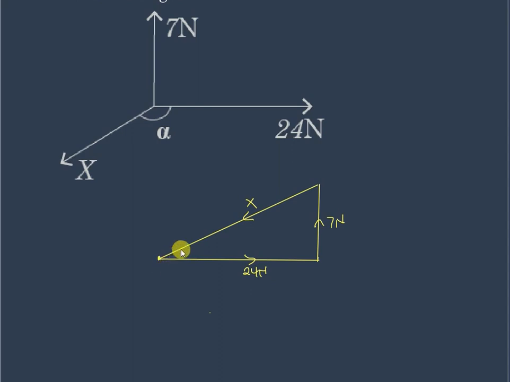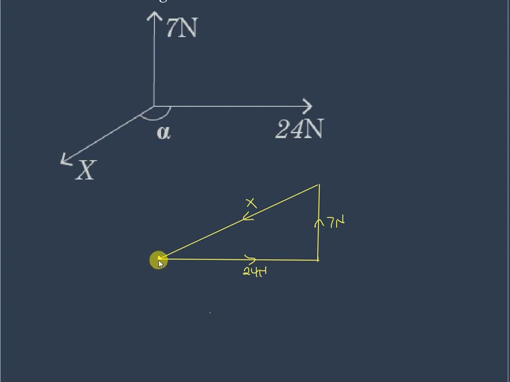And it is not this one. The angle is not that, because for this, x is into the point and 24 is out of the point. So we cannot have that as the angle.